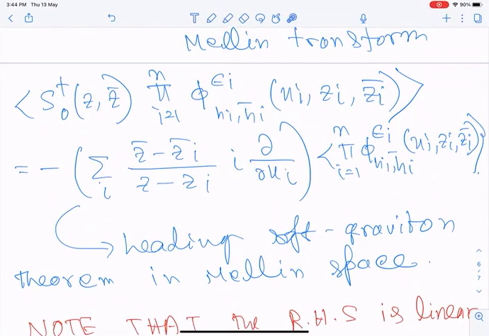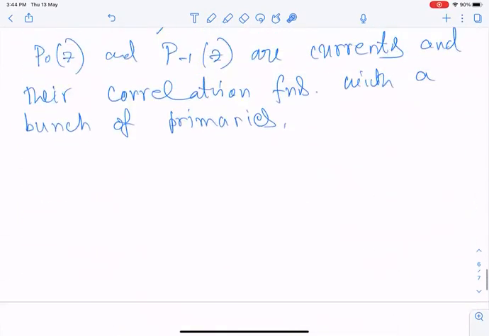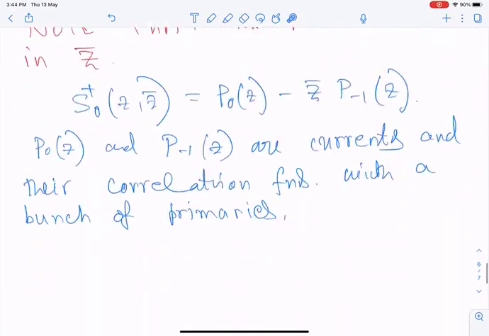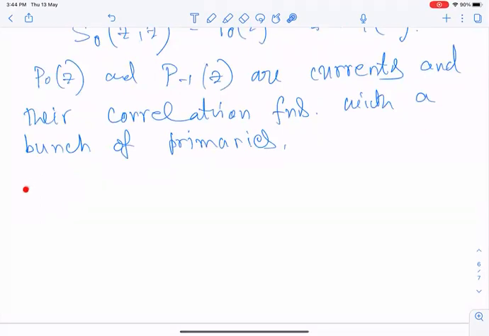So you can just equate the coefficient of z bar and z bar to the power 0 on both sides, and what you get is the following.